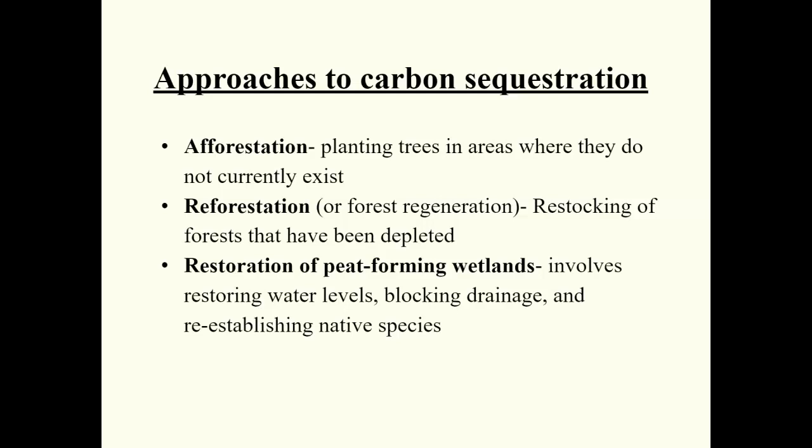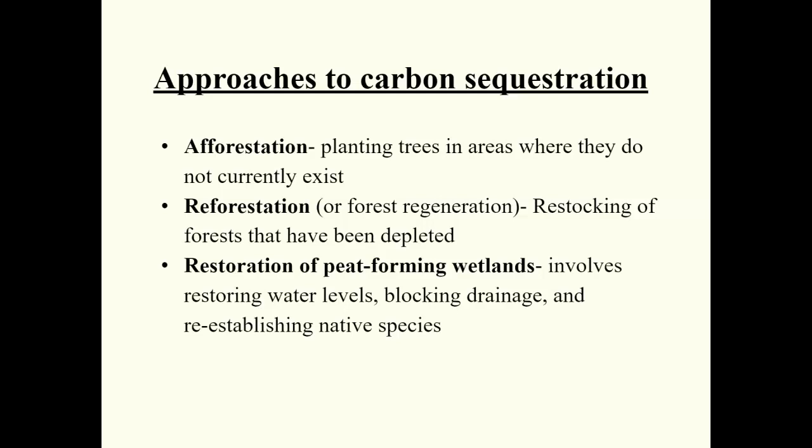And then restoration of peat-forming wetlands. So we already know that peat sequesters a lot of carbon because it can hold that carbon and then later be used as a fossil fuel. But the problem is in areas where we normally would have peat form, we have drained the water from those areas, and so now they're not getting the same amount of peat actually forming there because it's too dry.